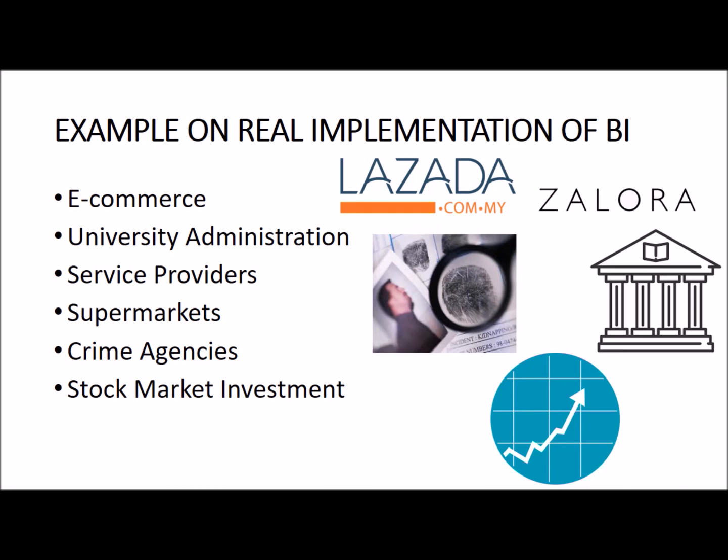And the third one is service providers. Service providers such as mobile services and billing, such as electrical and water billing. These service providers need to compete with each other. For example, in the mobile provider industry, if they cannot offer the best service for their customers, their customers might change to another provider. So high competition makes these providers use business intelligence heavily so that they can provide the best offers.